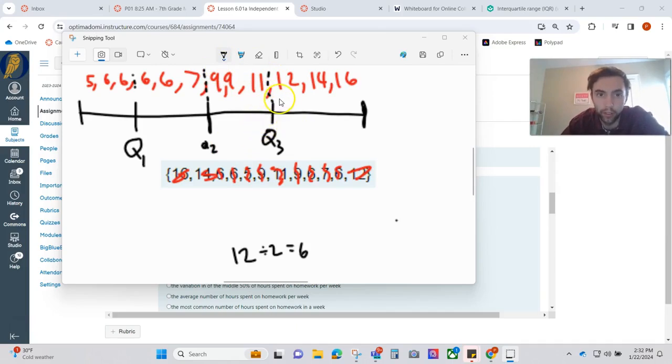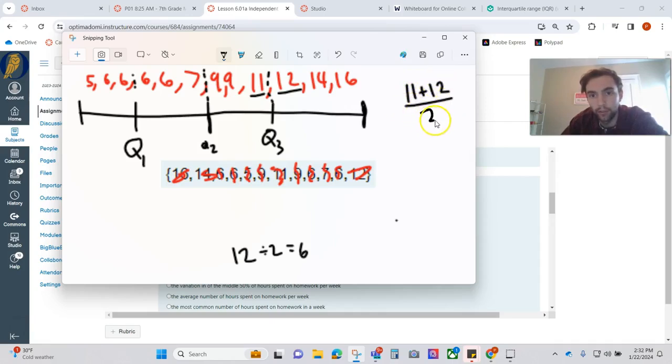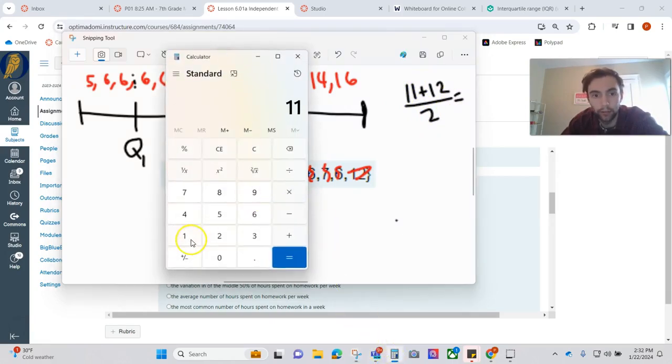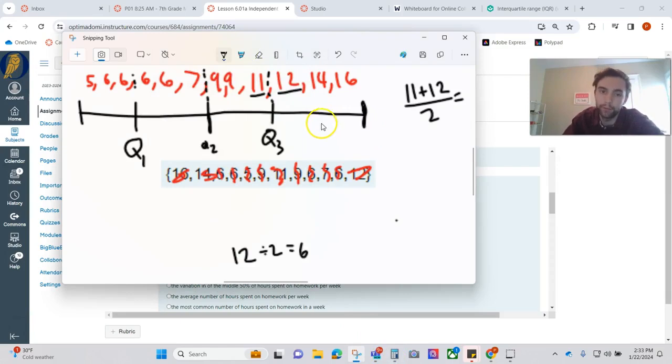So for quartile 3, what is the average of 11 and 12? Or what's halfway between 11 and 12? If you don't know, a formula you can use is to add the two numbers, then divide by 2. So 11 plus 12, then that divided by 2, is 11.5. That checks out, right? Halfway between 11 and 12 is 11.5.